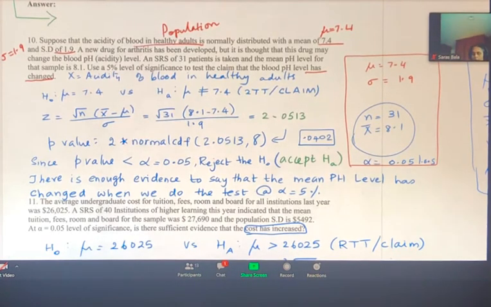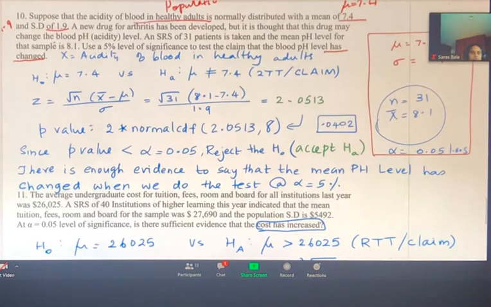I have shown the work by hand, and your z-score is about 2.0513 standard deviations above the center. When the center is 7.4, your sample mean 8.1 is about 2.05 standard deviations above the center.